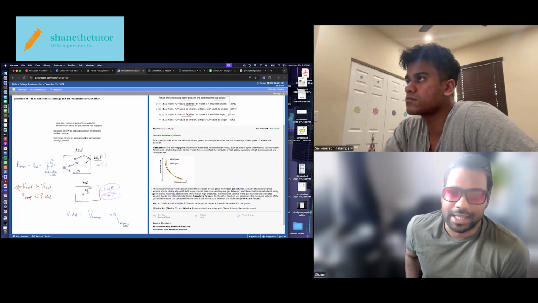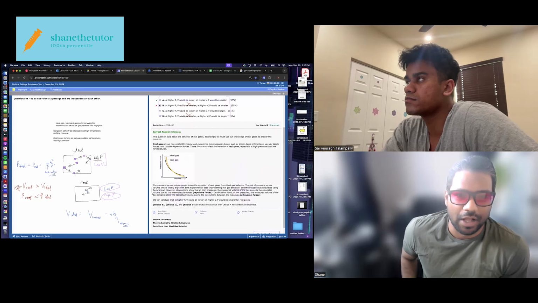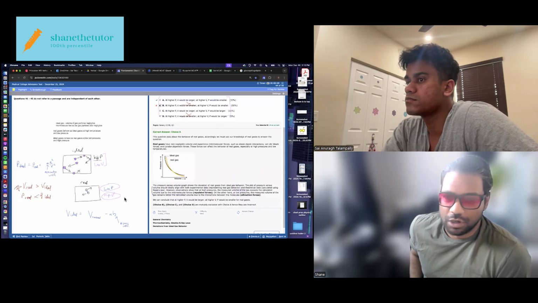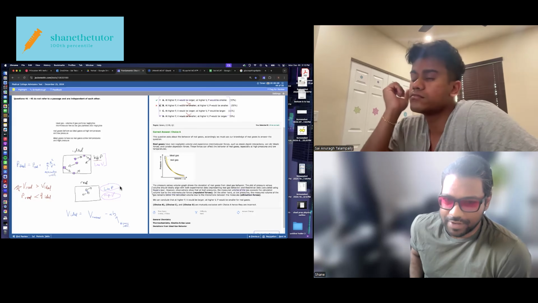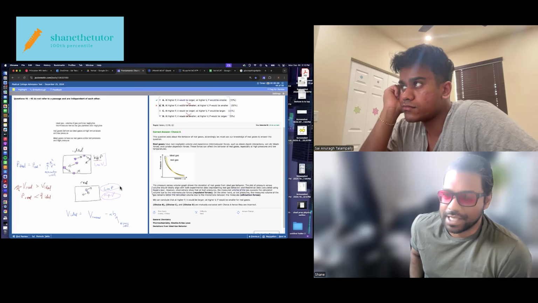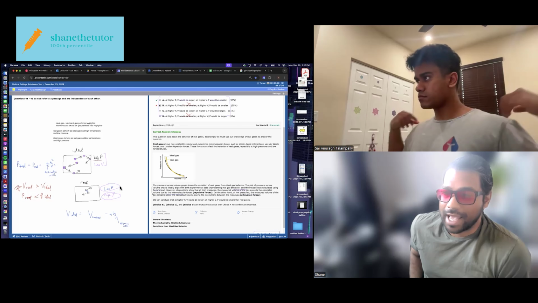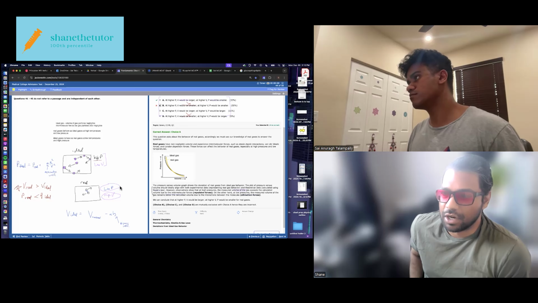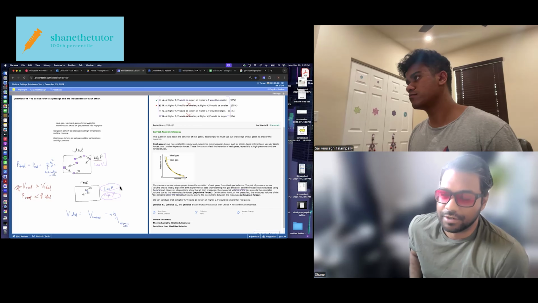So then the second part, at higher volume, pressure would be smaller. And we know that pressure is thought of as the particles hitting the walls of the container. In an ideal gas, we don't have any of the particles being attracted to one another, so every particle will hit the walls of the container.